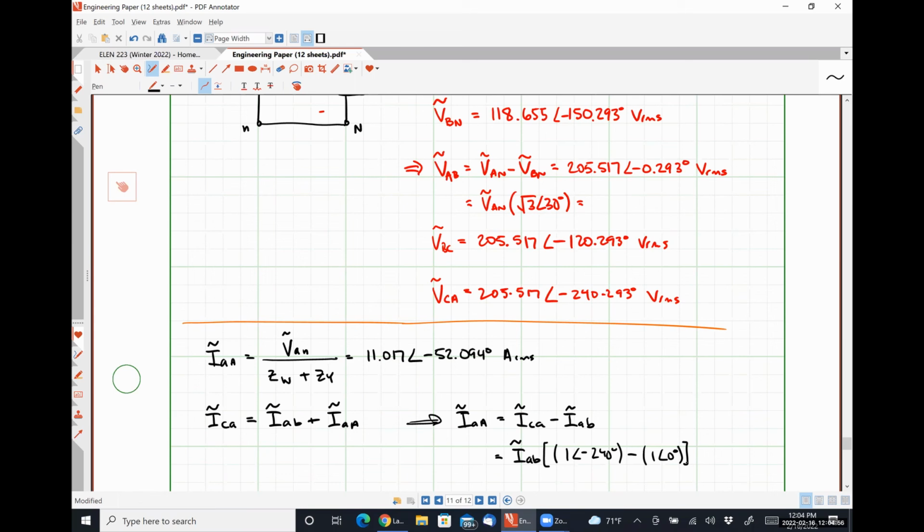Which, if I am not mistaken, will come out to be square root of 3 angle negative 30 degrees.